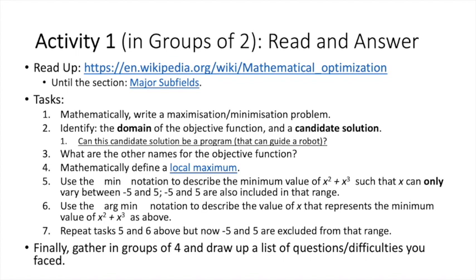Notice this exercise asks you to familiarize yourself with the notion of objective function and how to write out the objective function. So you'll go through some conventions. Also understand the terms such as maximization or minimization, candidate solutions, local maximum, minimum, and argmin.